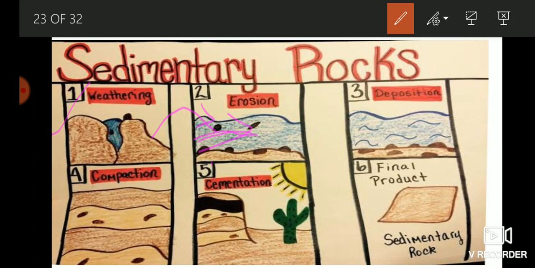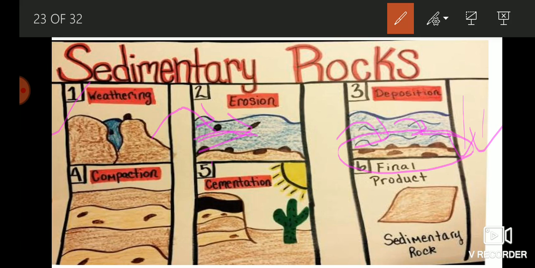When the water current slows down, these tiny rock particles are deposited, or settle down, on the bed of the rivers or oceans where the rivers meet.